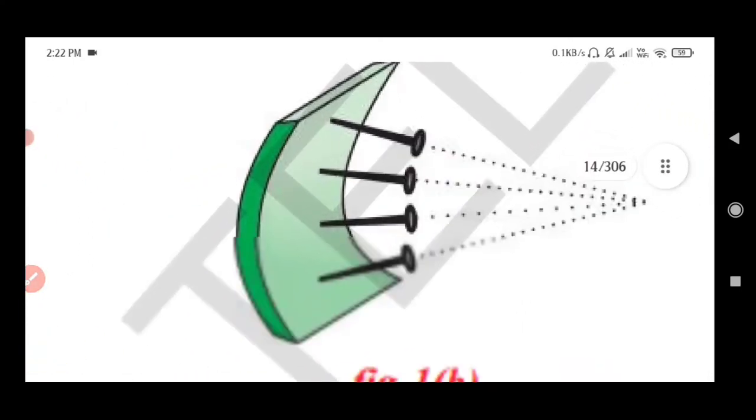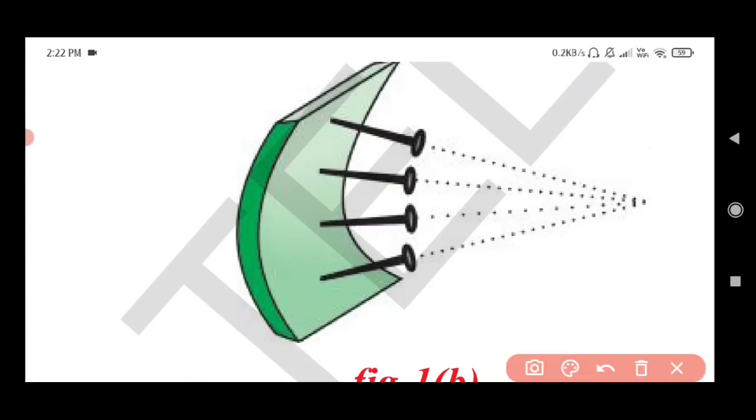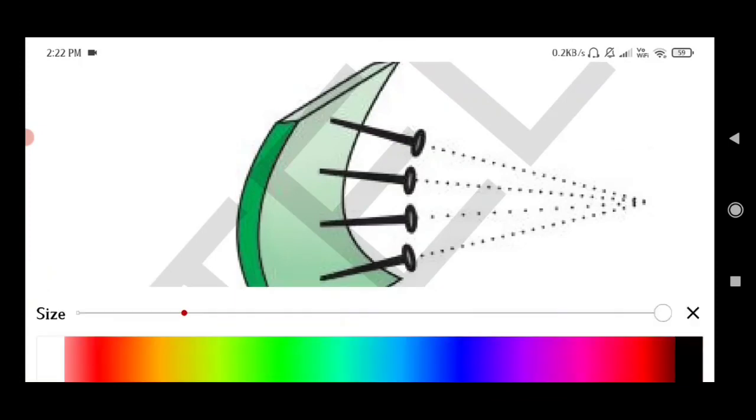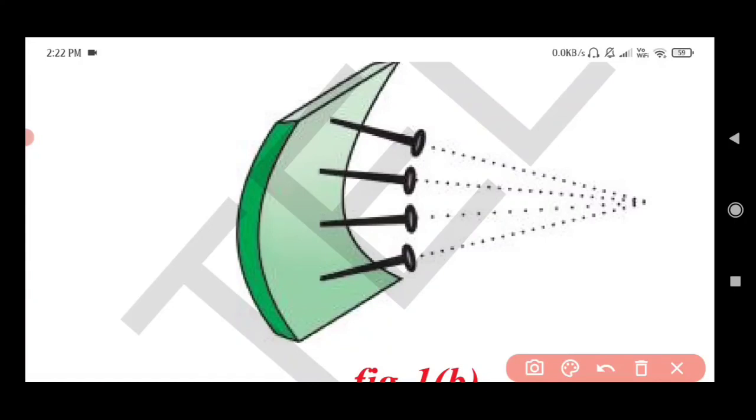So I have zoomed the picture, and yes, you can see here that this is a curved mirror. Suppose this foam rubber is a curved mirror, and these pins are your normal. Suppose an incident ray has come at the surface here.